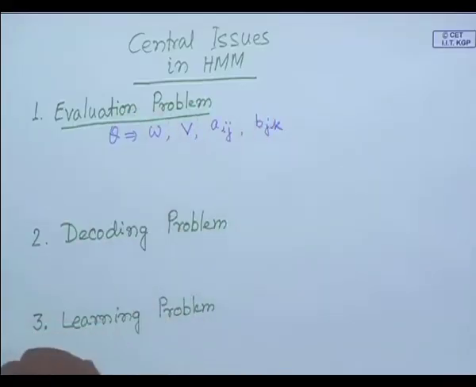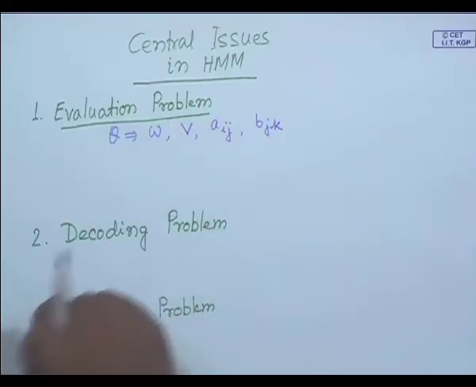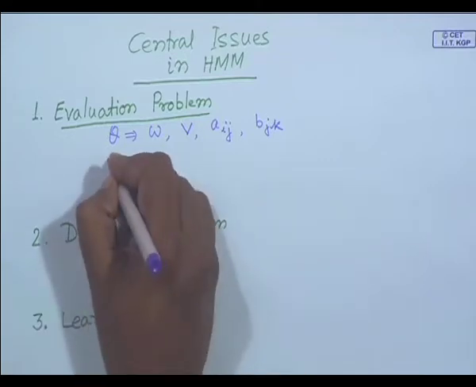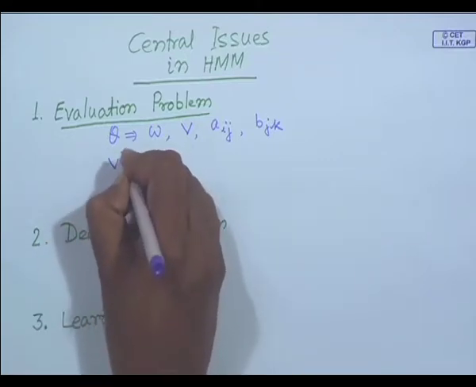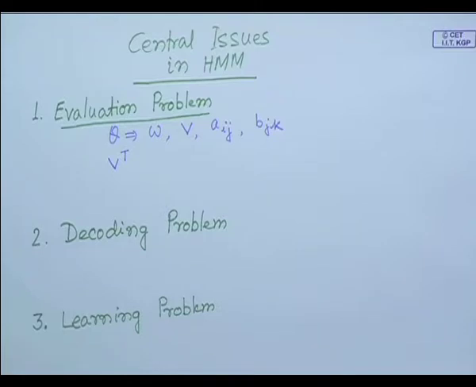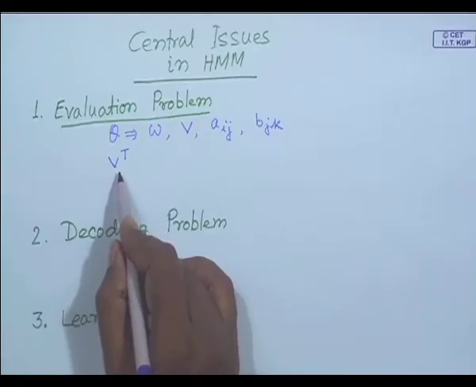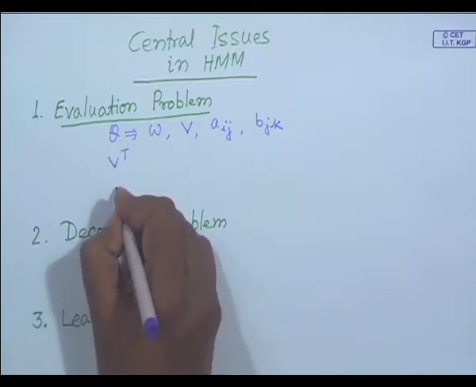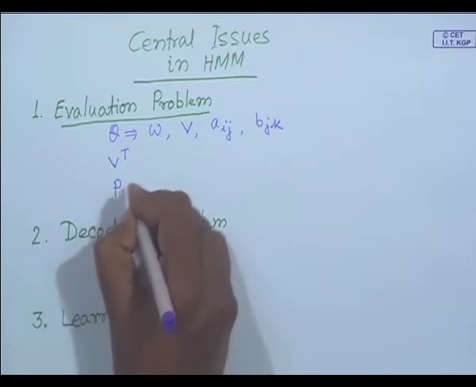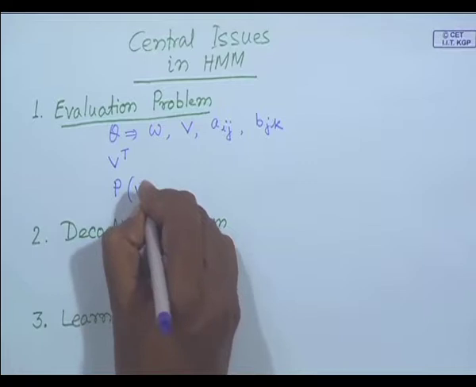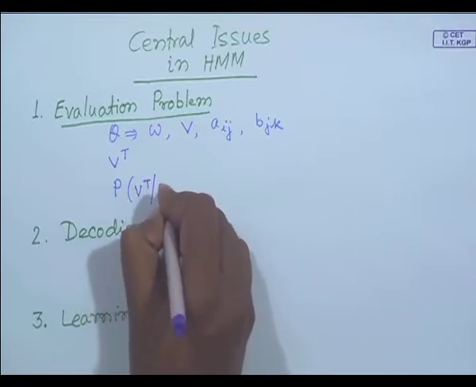So, once you have such a hidden Markov model theta and a sequence of visible symbols Vt, which is a sequence of length capital T, the evaluation problem is that, given this Vt and theta, we have to find out the probability that Vt was generated by theta.